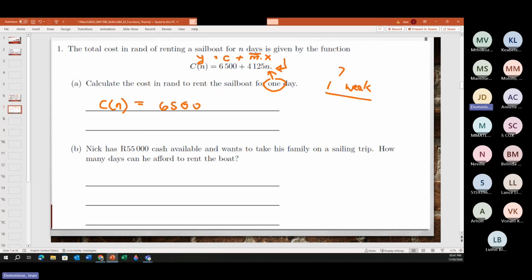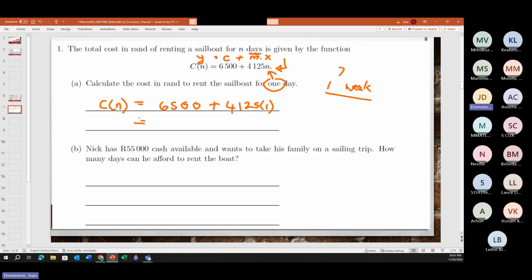So it will be 6,500 plus the 4,125 times 1, because it is only 1 day. And that will be our answer to this question.